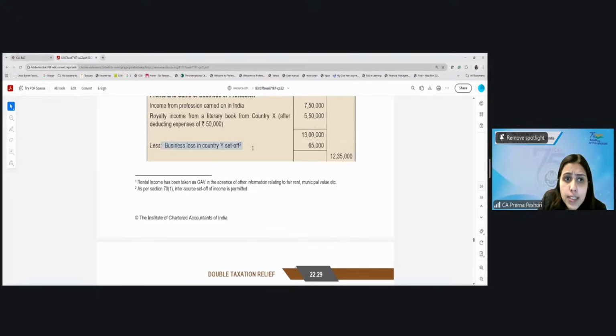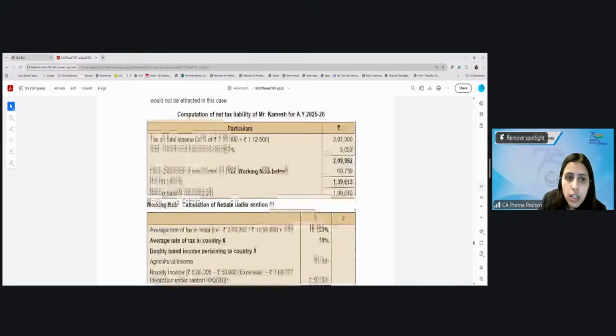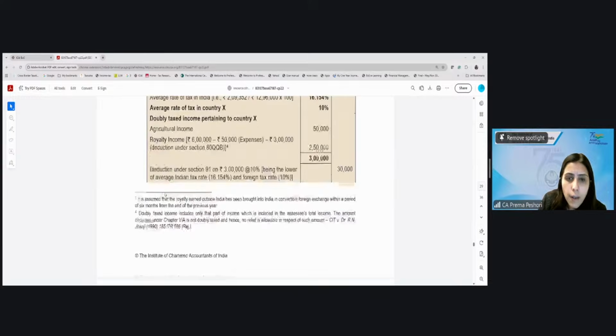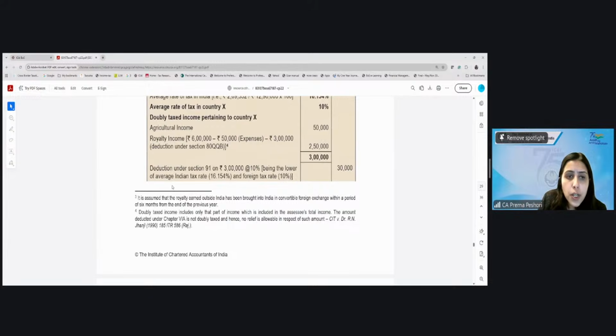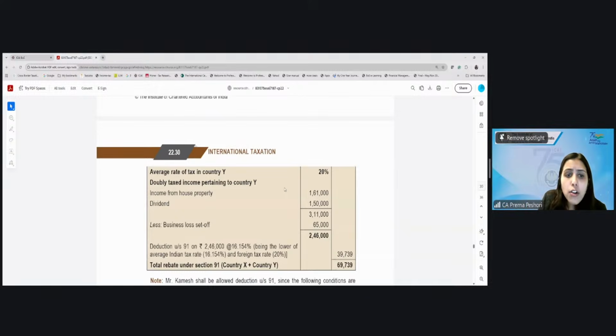But you also have a business loss in country Y. Should we reduce it? Yes, because that is reducing your doubly taxed income. So I will allow the reduction of the business loss before I calculate the FTC. So my doubly taxed income is 2,46,000. On that, 16.154% is 39,739, and this is the total FTC which will be allowed.